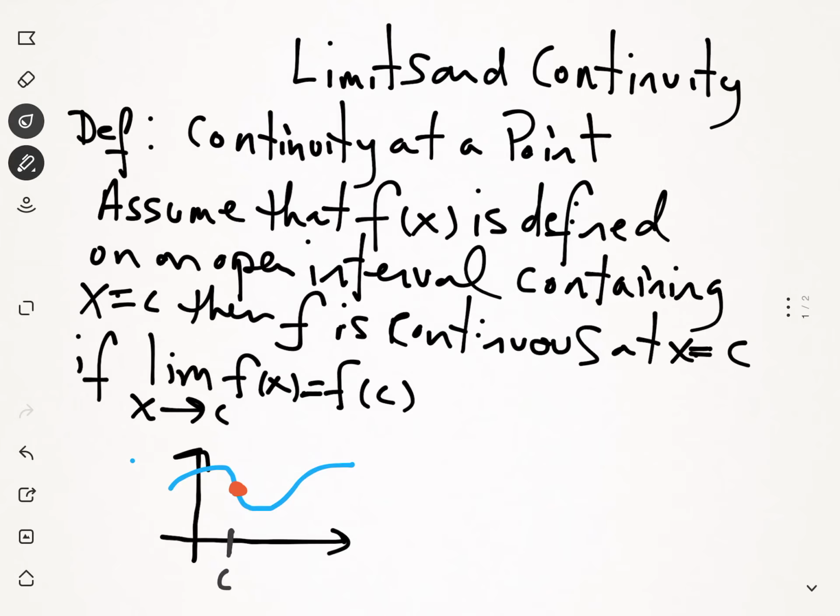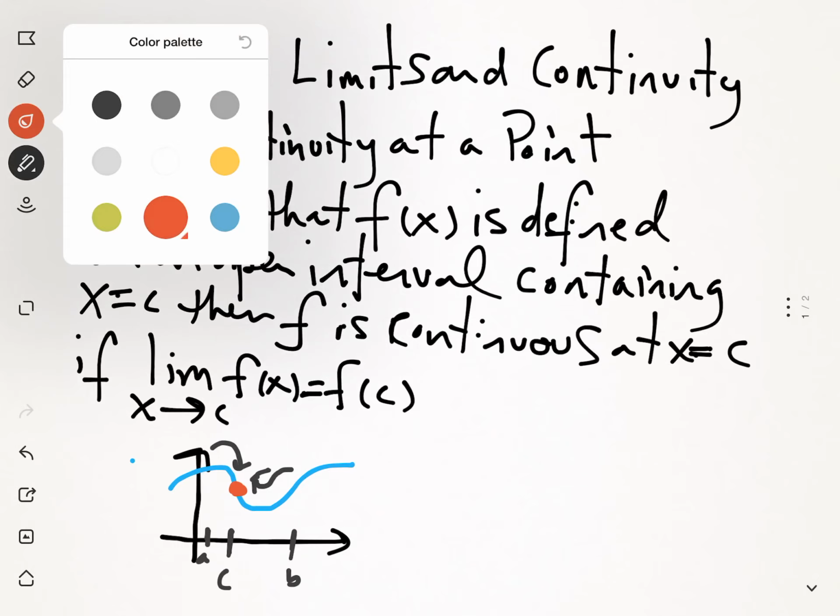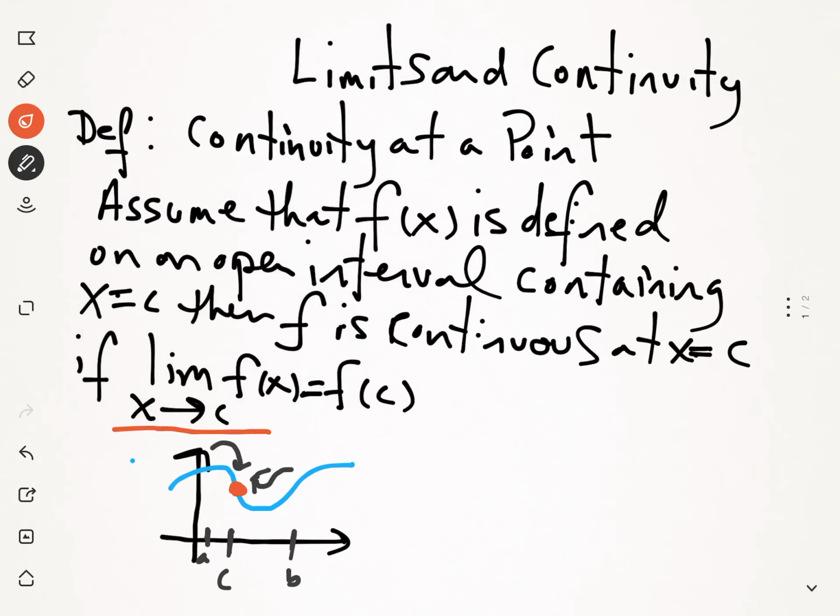This is a, this is b. It's an open interval. c is within an interval. The limit is defined from the left and the right, and since it's defined from the left and the right, this part checks out. The left side of this equation checks out okay, and it is defined, and that part is true.